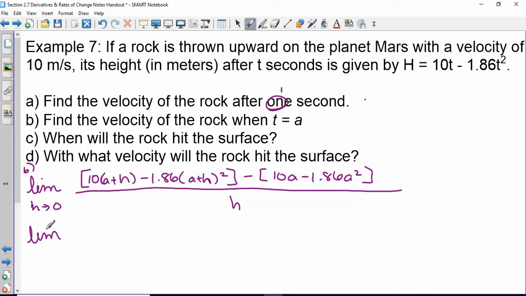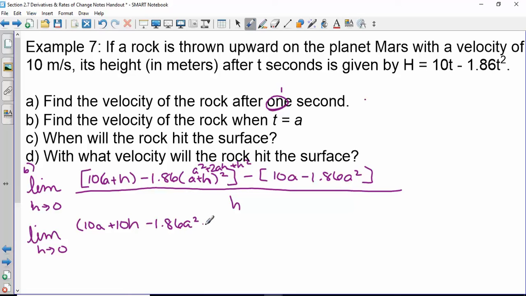All right, now we have to do algebra. So if we distribute, we get 10a plus 10h. How much can I do at once? What's a plus h squared? a squared plus 2ah plus h squared. And I need to distribute a negative 1.86 through that.